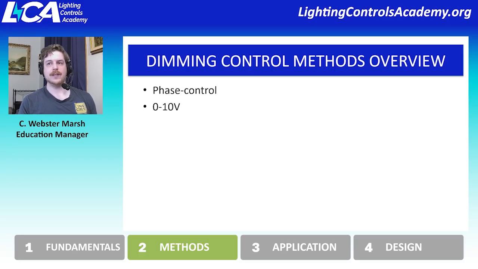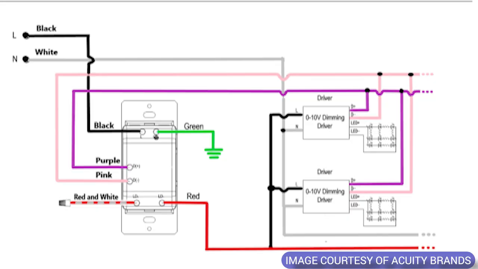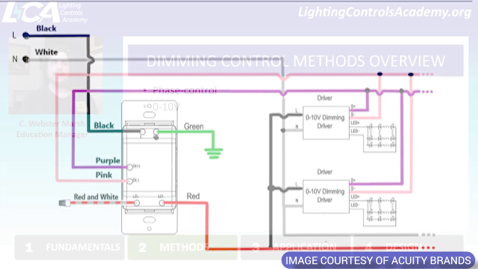0 to 10 volt, on the other hand, is where we're now adding a separate circuit that is low voltage, sending a signal from the controller to the driver, giving it between 0 and 10 volts as the range for how intense the fixture is going to be.